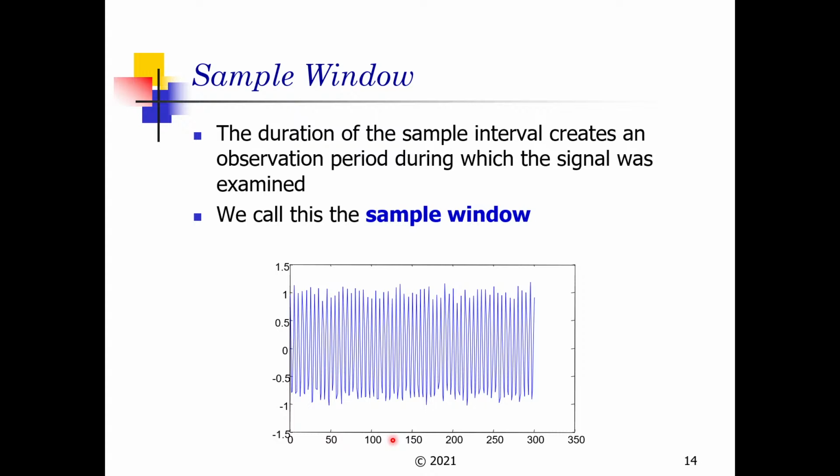So in using the sampling interval process, that means you're only going to be observing the signal for a fixed amount of time to get that amount of samples. That fixed amount of time, referred to as our observation period, we refer to as a sampling window.